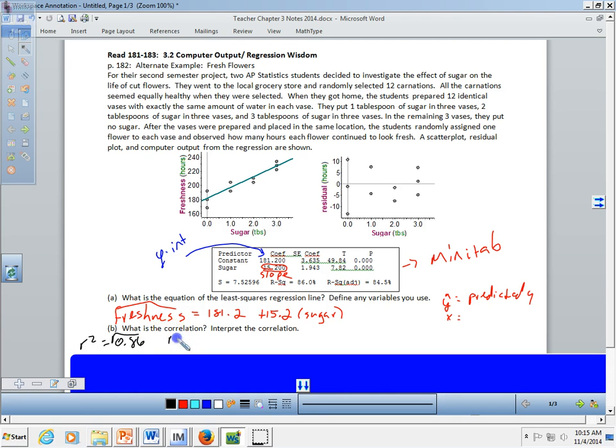And so R ends up being 0.93. Okay? So that's how you're going to find your correlation, because R squared is right there, cleverly disguised as R-sq. Now, take a quick second and interpret that.